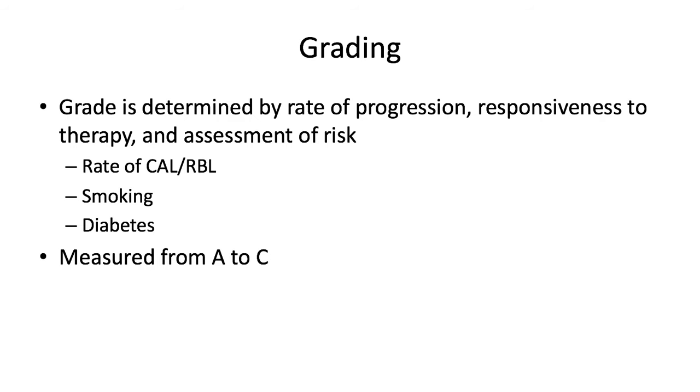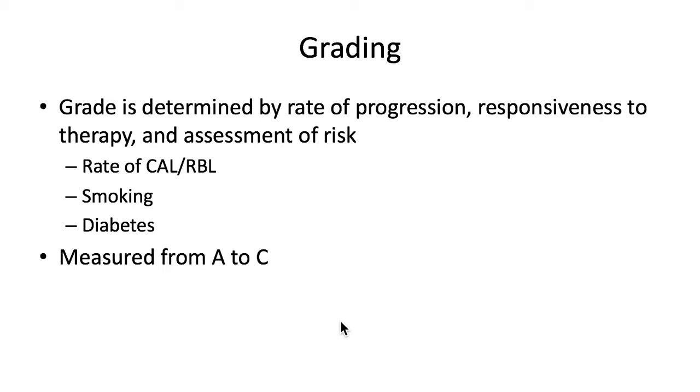All right, now let's talk about the grade. So the grade is determined by the rate of disease progression, the responsiveness to therapy, and the overall assessment of risk. So this is based on longitudinal observation, the assessment of bone loss over time, and other risk factors like smoking and diabetes.